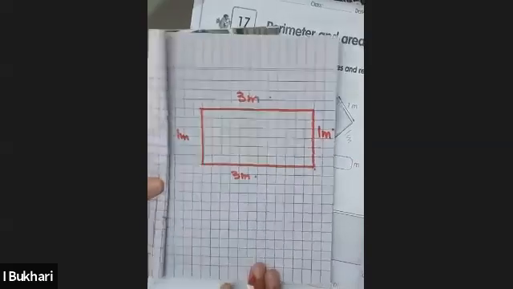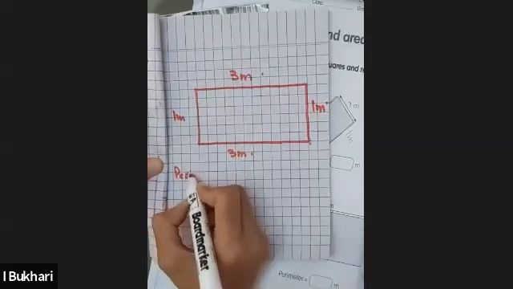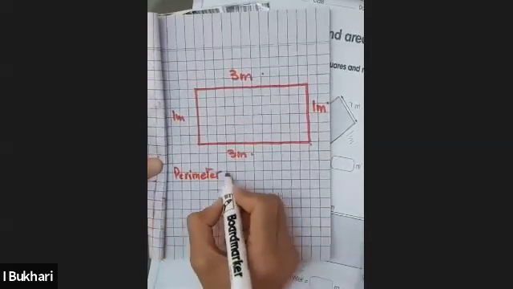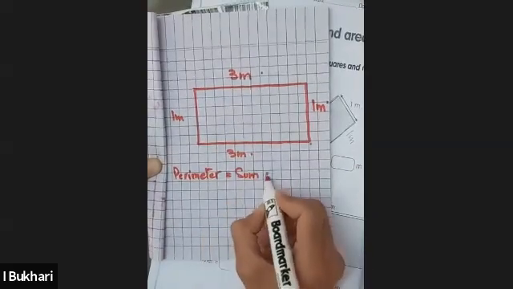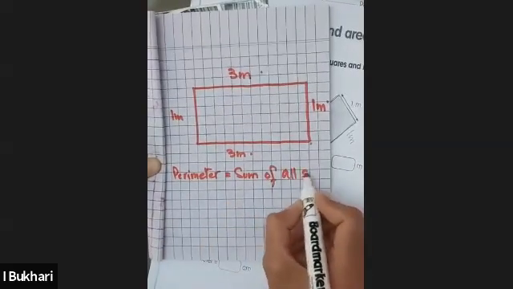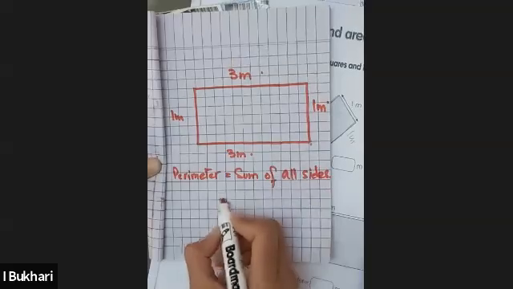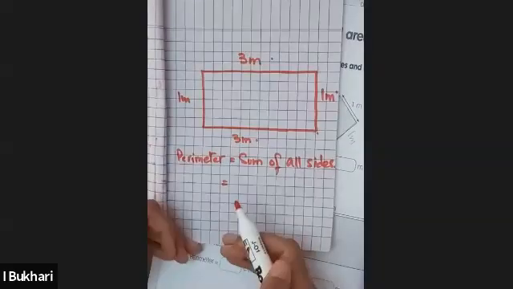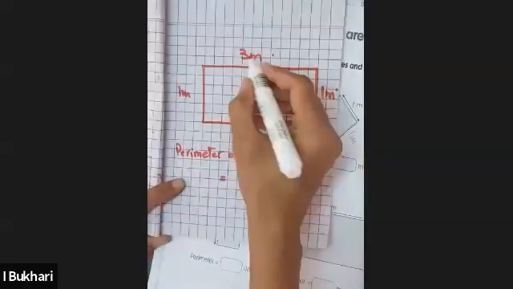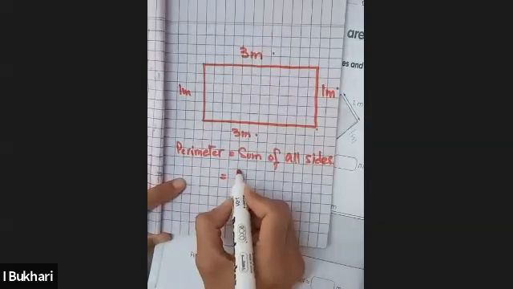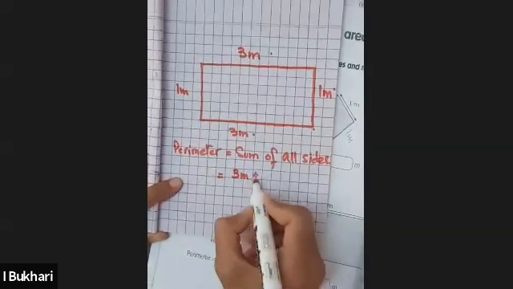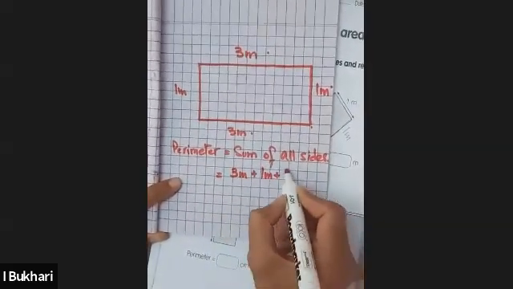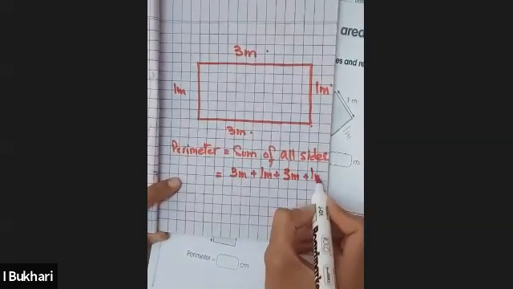Okie dokie. Now, perimeter is the sum of all sides, right? Sum means the answer to an addition problem. So let me add 3 meters plus 1 meter plus 3 meters plus 1 meter.